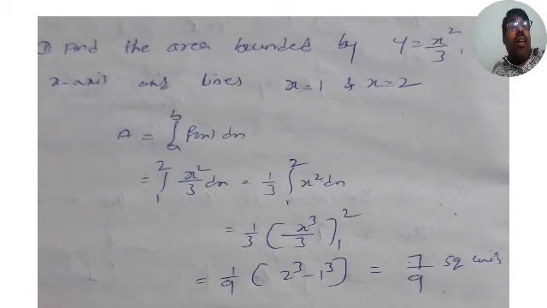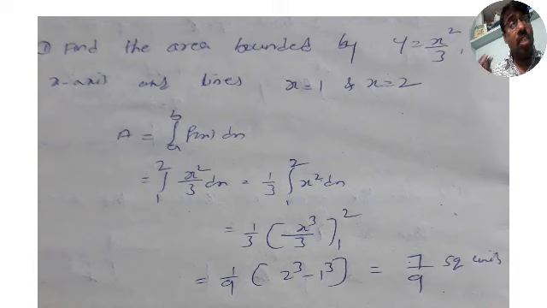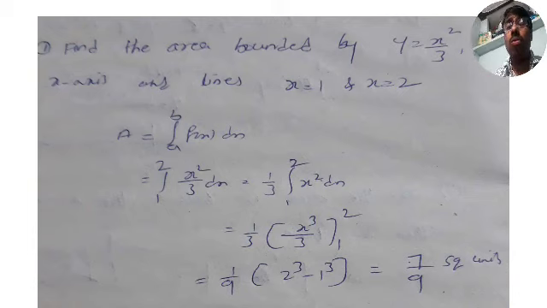Surely it is the first formula. What is the first formula? Area is equal to integration a to b f of x dx. Are you getting? The curve y is equal to f of x is given, and the x-axis is given, not the y-axis. The lines are x equal to a and x equal to b, that is x equal to 1 and x equal to 2.